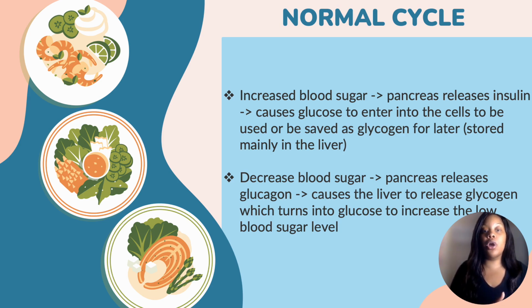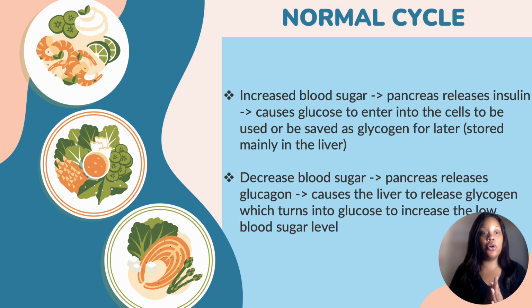So remember, it's stored mainly in the liver. But let's say that your blood sugar is low. Your pancreas then releases glucagon, right? Which causes the liver to release glycogen, which turns into glucose to increase your low blood sugar levels. I feel like y'all got it. I hope y'all got it.